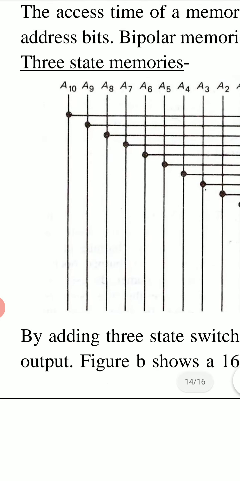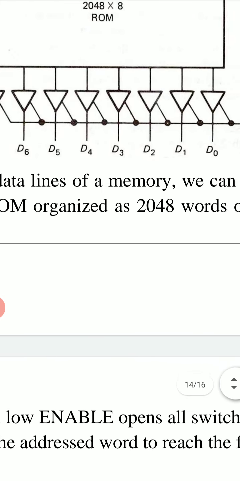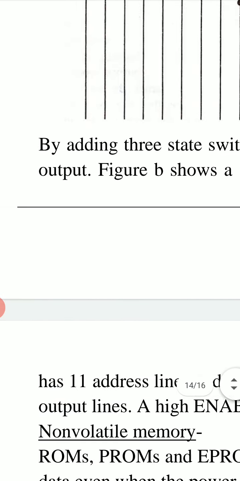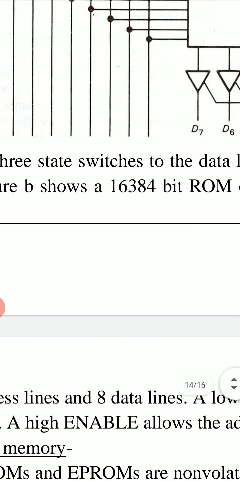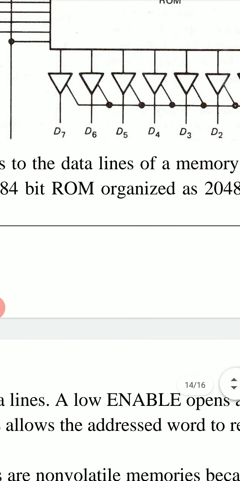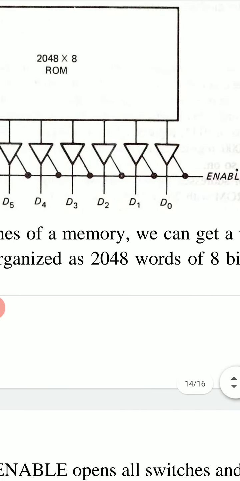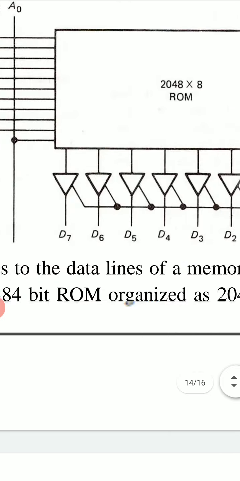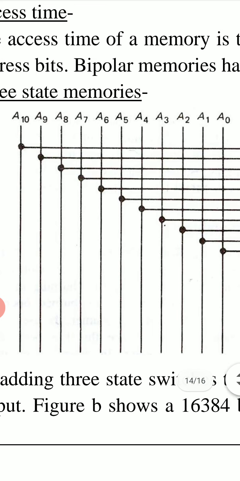3-state memories. By adding 3-state switches to the data lines of a memory, we can get a 3-state output. Figure B shows a 16384-bit ROM organized as 2048 words of 8 bits each. These are the address lines A10, A9, A8 up to A0. So from A0 to A10, these are 11 address lines.